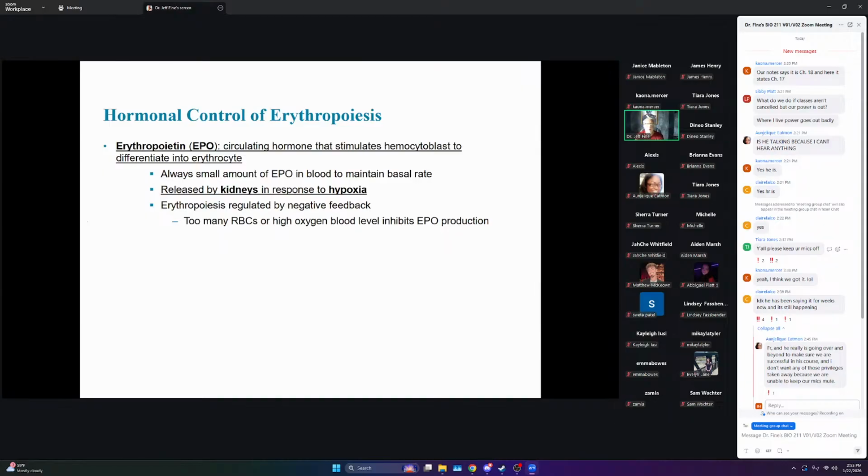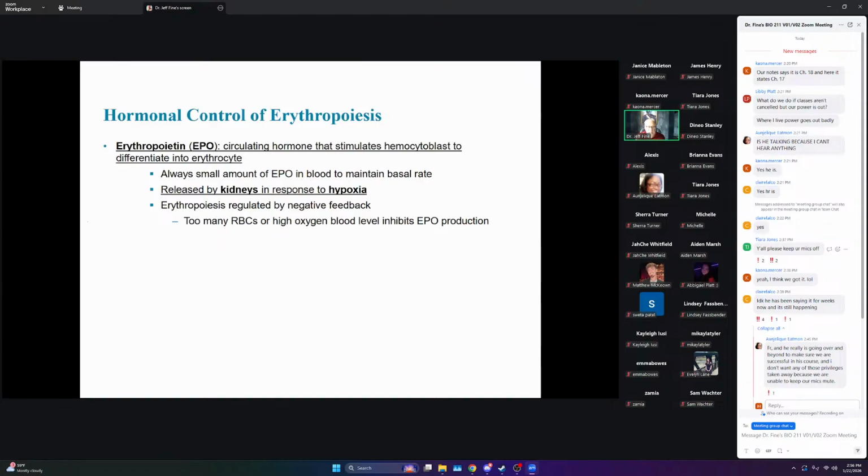All right, so erythropoietin is a hormone that circulates in our bloodstream that works at the hemocytoblast. Remember, those are the stem cells that are the genesis of formed elements, of blood cells. I said they can become any one of the three: an erythrocyte, a leukocyte, or a platelet.